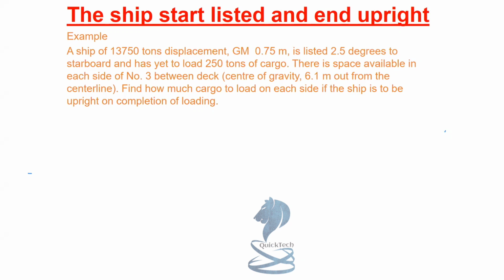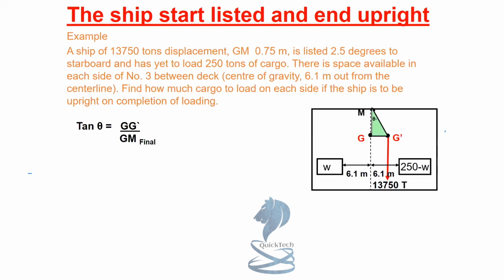There is space available in each side of number 3 between deck, center of gravity 6.1 meters out from the center line. Find how much cargo to load on each side if the ship is to be upright on completion of loading. So from the diagram we see that the list is theta, that is 2.5 degrees to starboard side.